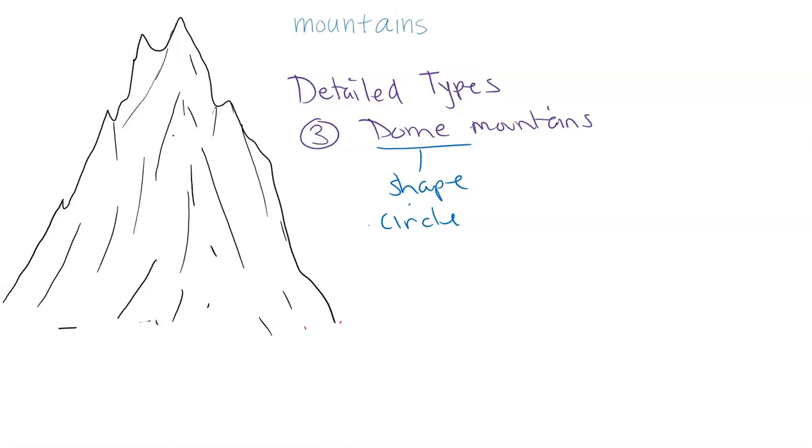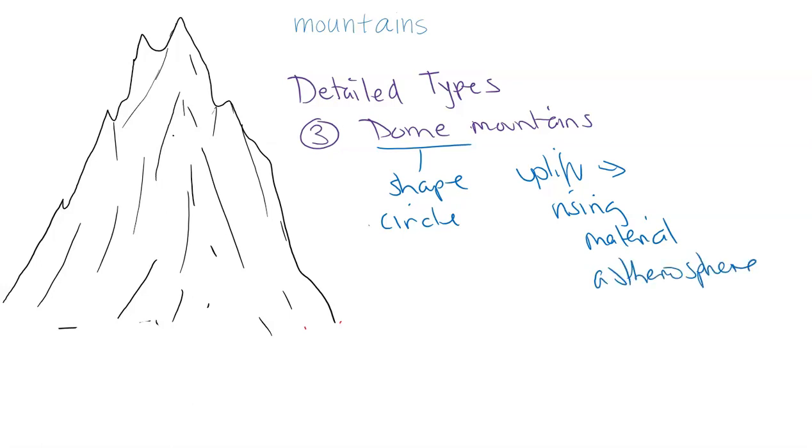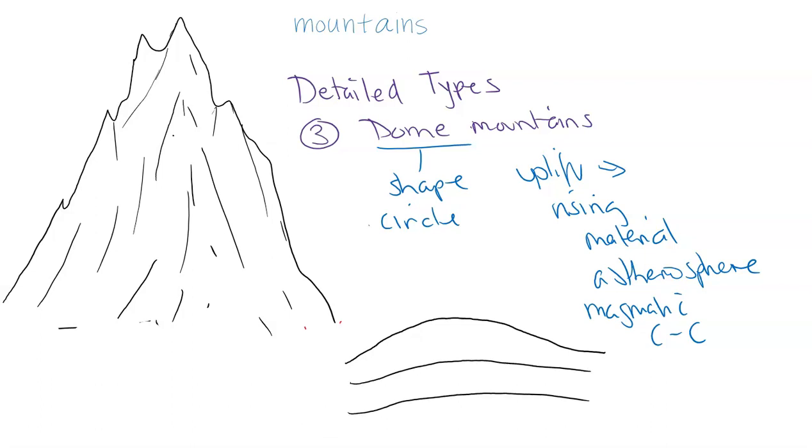And this is from an uplift caused by rising material below, generally from the asthenosphere, where you have magmatic material due to convection currents moving up through the continental crust, and you're going to have this dome and you have the layers of the crust and lithosphere, but also underneath you have this movement of asthenosphere.